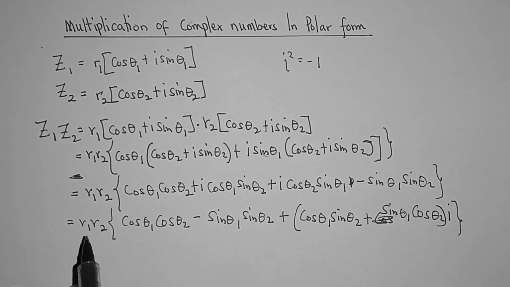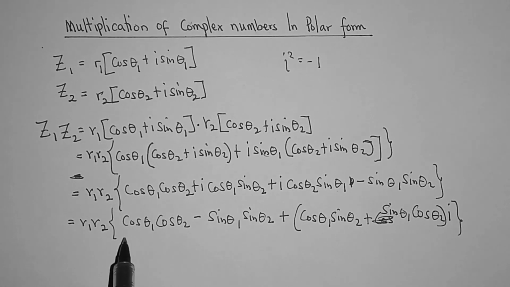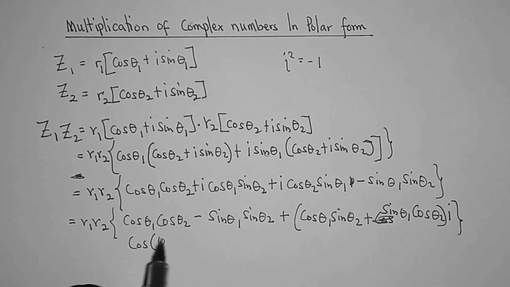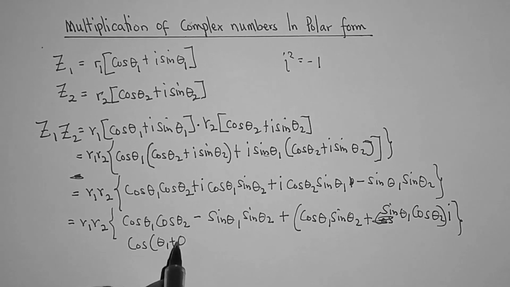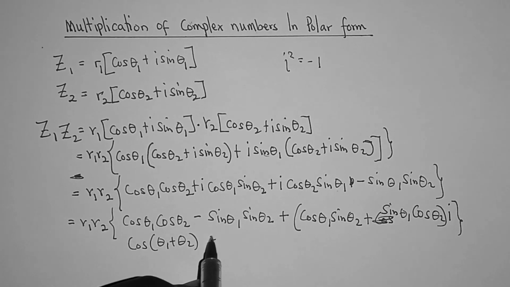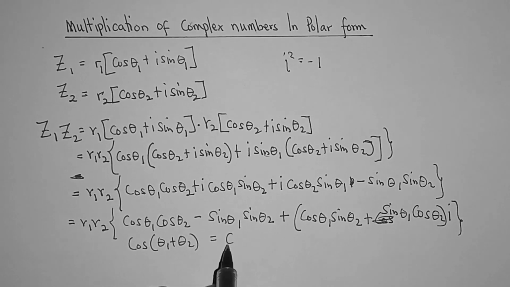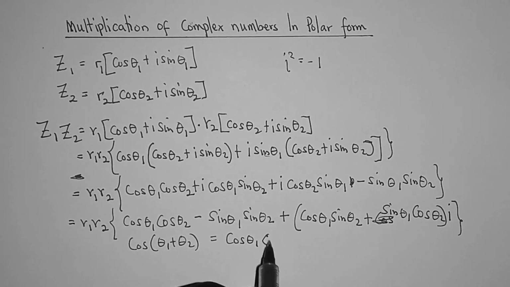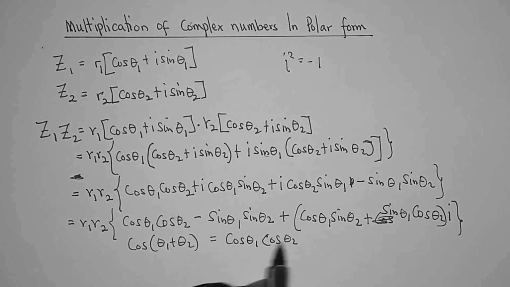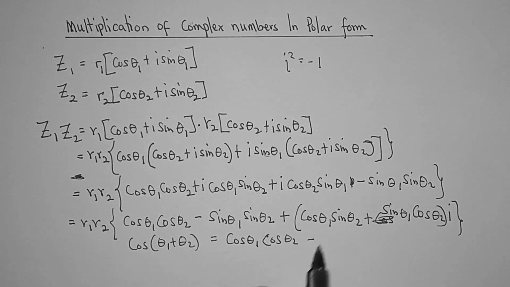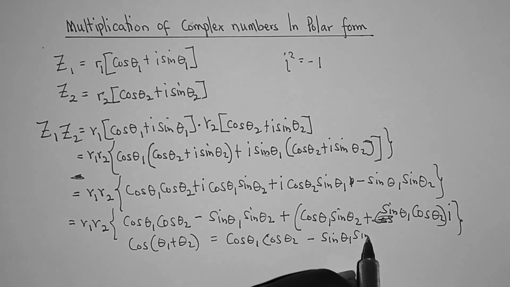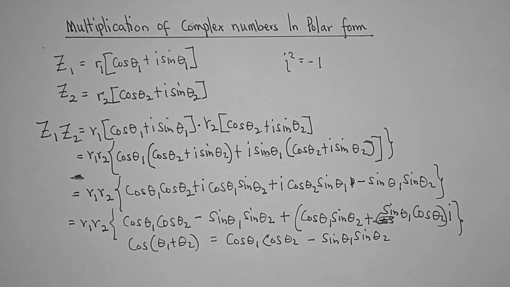Now let's do this expansion. What is cos into bracket theta 1 plus theta 2? It's equal to cos theta 1 cos theta 2, then minus sine theta 1 sine theta 2.